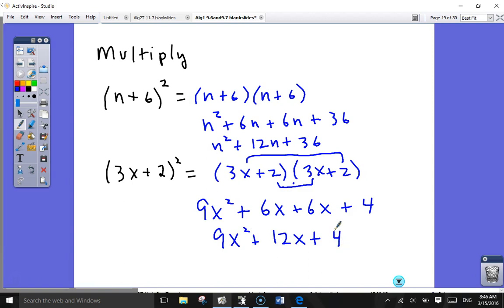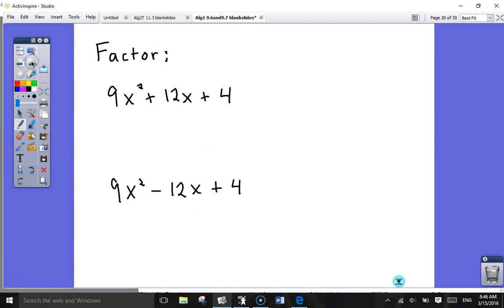Again, we're not interested in the multiplying as much. Now that we see what happens when you square a binomial, that ought to help us factor sometimes. It's a special factoring pattern that we should know. In this one, I see that 9x squared is 3x in parentheses squared. The last one is 2 squared.